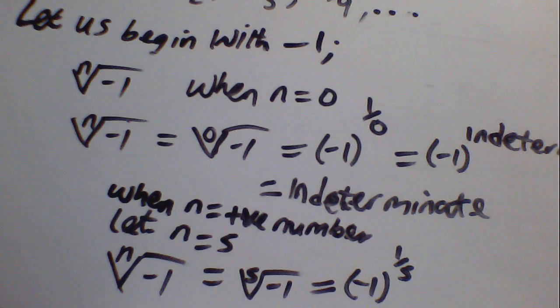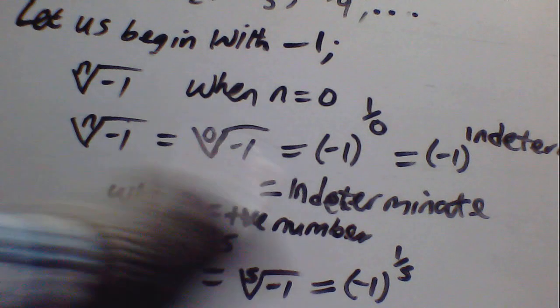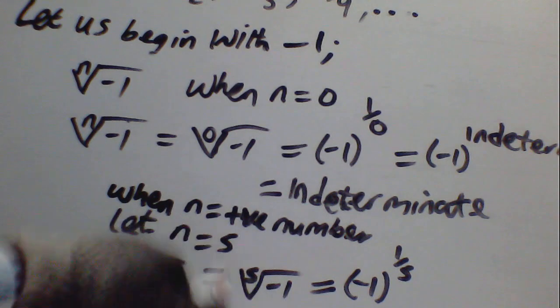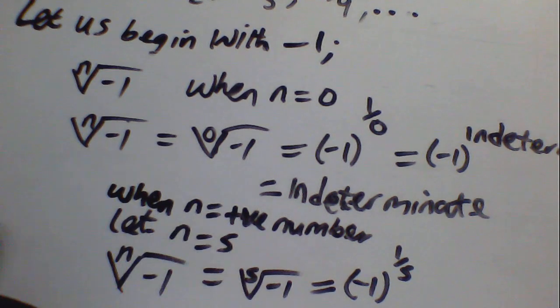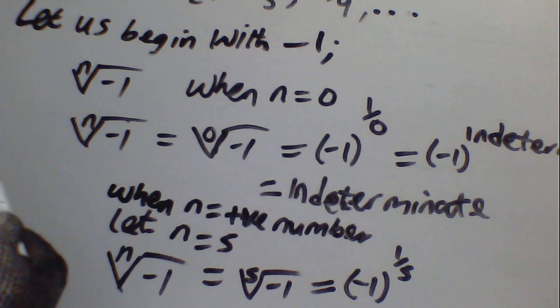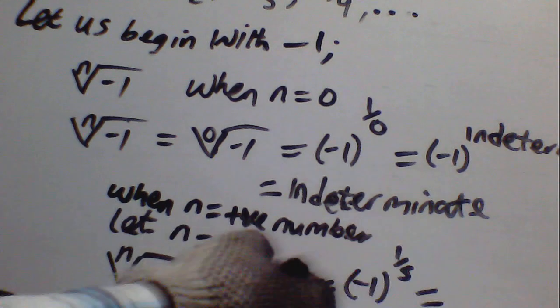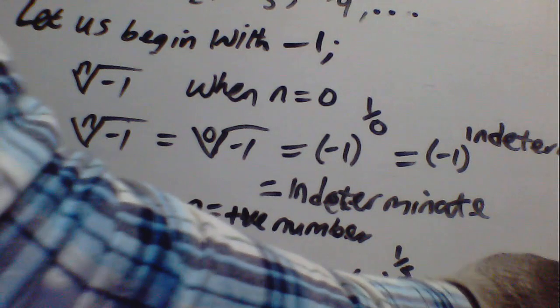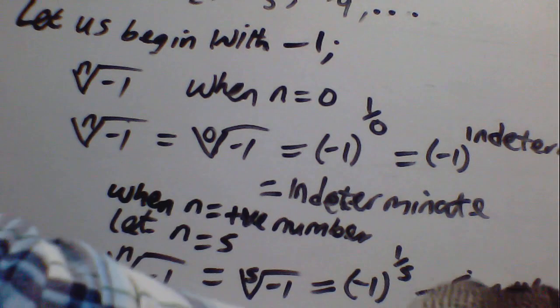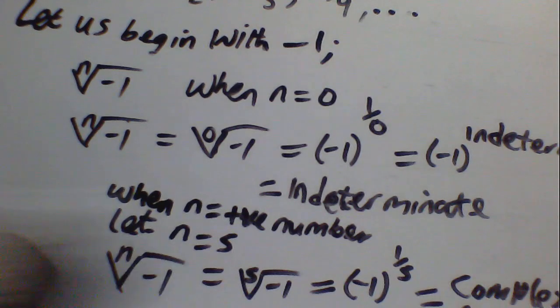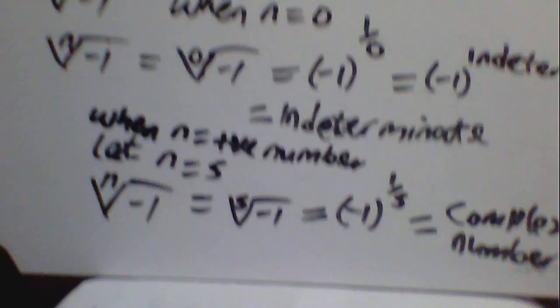So if you look at it here, it's always good to look at it when it is a positive number for minus 1, not 1. This will give us a result of a complex number. The result will be what? A complex number. That will give us a complex value.